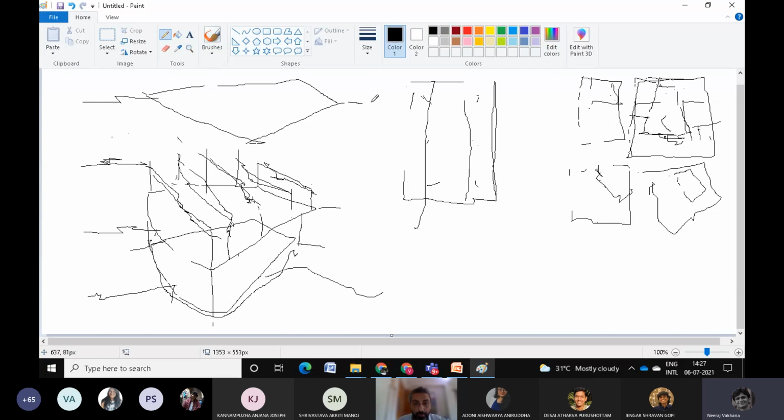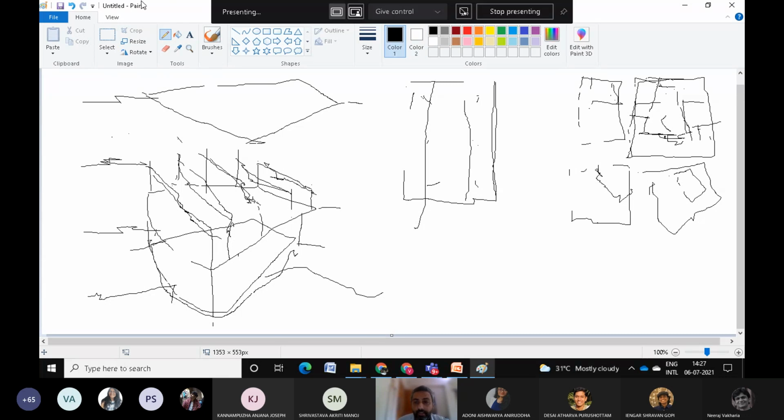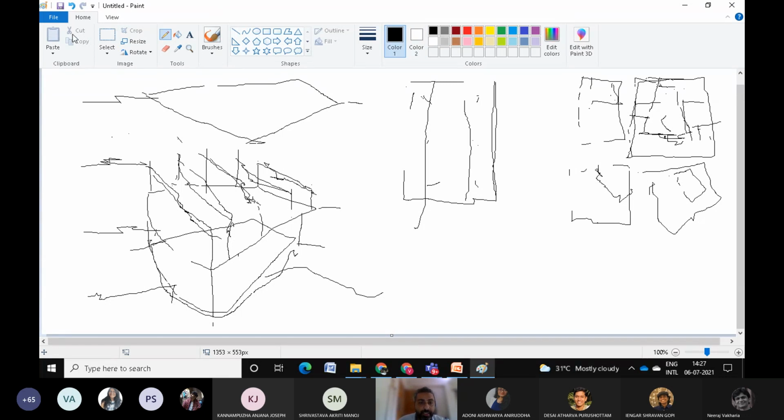In some sense, now we need to understand that we have to look at two modes.